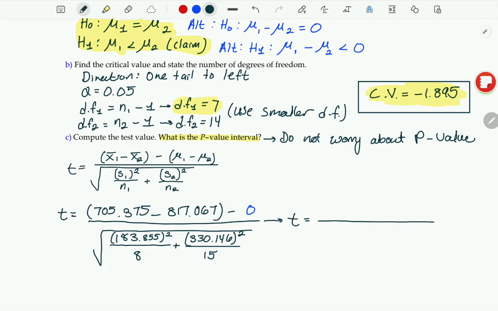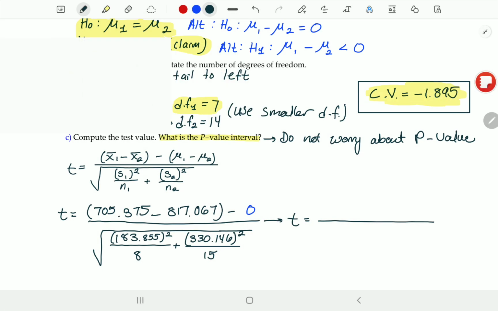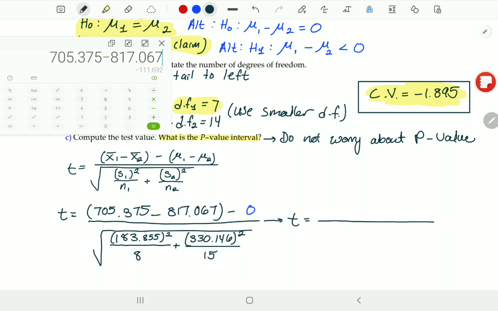Let's open up our calculator and start calculating. So the top, 705.375 minus 817.067. That's negative 111.692.